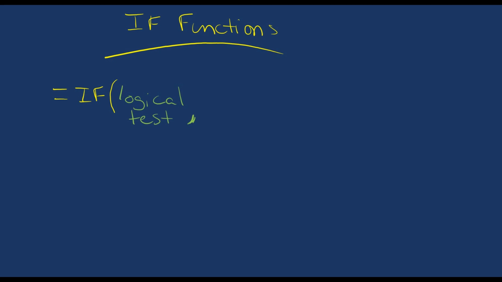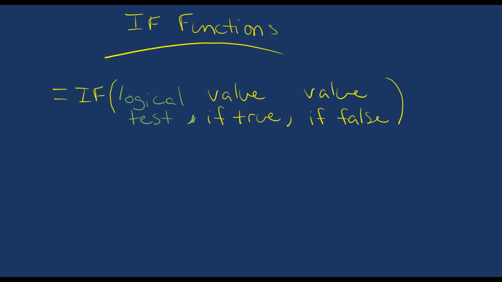So the next one is going to be value if true. Again, we have our comma there, and last one is value if false. At the very end, we have to have our parentheses, and that right there is going to be your standard if function, the one that you've been introduced to already and got a little bit of experience with.